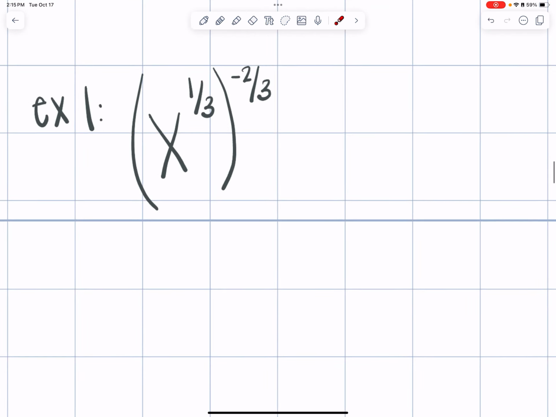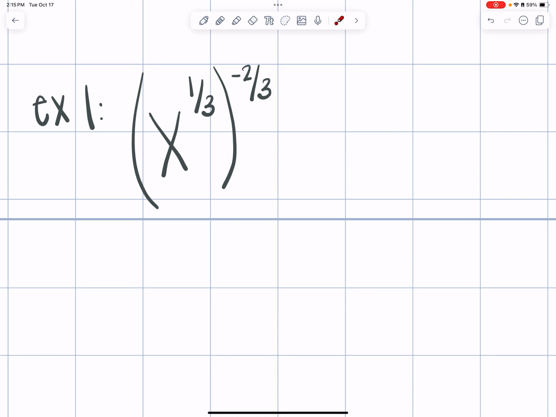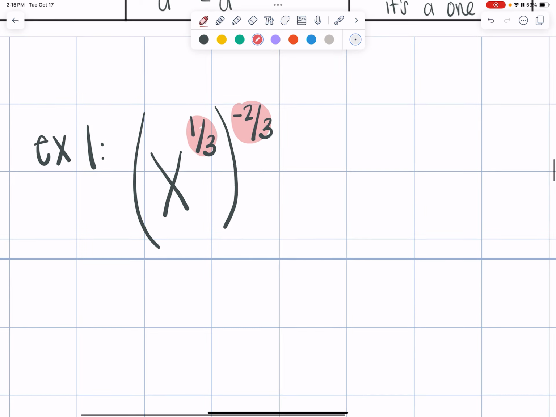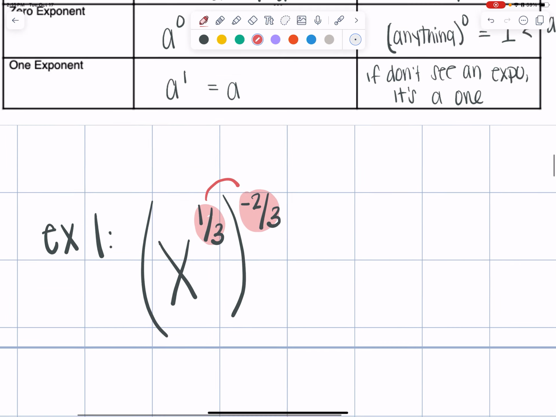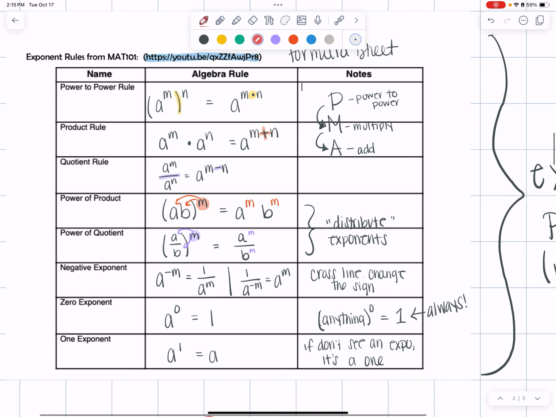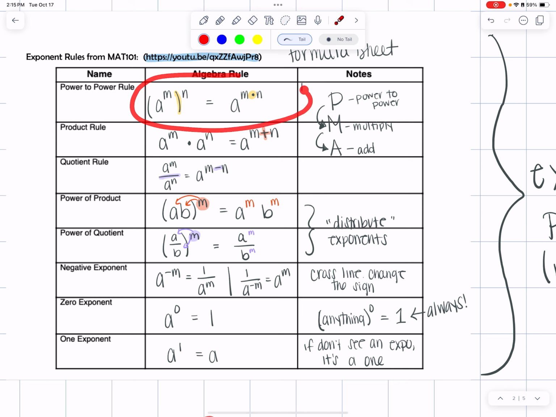So here's my first example. X to the 1/3 power raised then again to the negative 2/3 power. So I just have one variable, but I have two exponents. And so this is going to be my power to a power property. And that says if you've got two little exponents with one big base, I'm going to multiply those exponents.